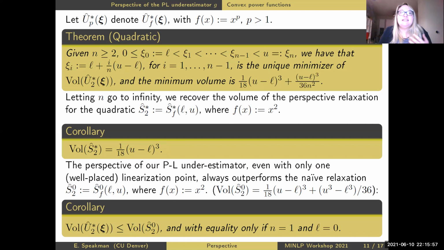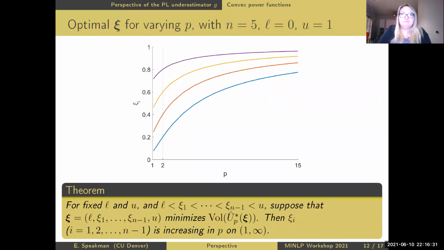And in fact, how many linearization points do I need to have to make sure I do at least as well as the naive relaxation? And as it turns out, the answer is just one. So you use the L, you use the U, you just have one linearization point, and you're guaranteed to always do at least as well as you would with the naive relaxation. Which is good news, right? Because remember, doing it this way, doing this piecewise linear stuff first, and then doing perspective reformulation, you don't end up with these conic inequalities.